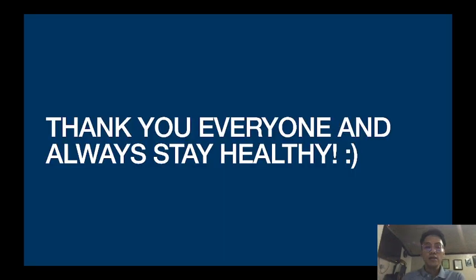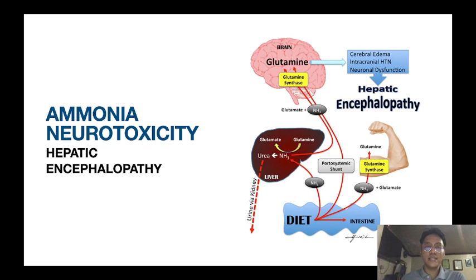Okay? So, ammonia neurotoxicity. Kasi guys, ang ammonia, 'di ba? I told you kanina, ammonia is toxic. So how can ammonia be toxic to the body? So actually, ang ammonia, it will go to the brain and be combined with glutamate. So glutamate and ammonia will be combined into glutamine by glutamine synthase.